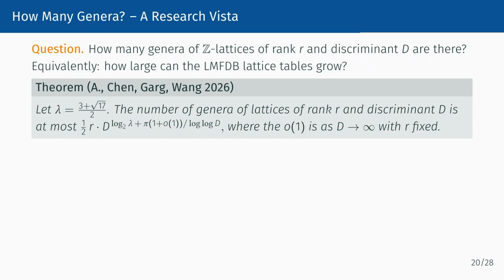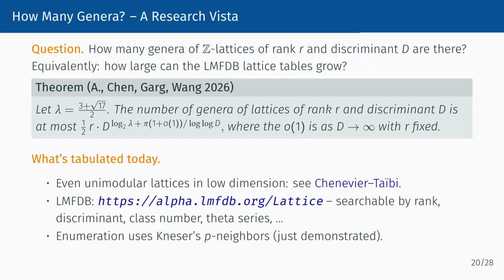In recent work with a few high school students, we show that this is basically polynomial in the discriminant with a small power and linear in the rank. And we have some version in the alpha version of the LMFDB that you can go ahead and browse and look at. It's searchable by many things like rank, class number, theta series.